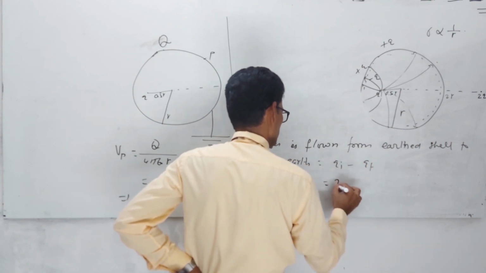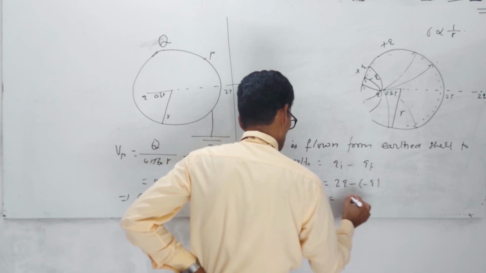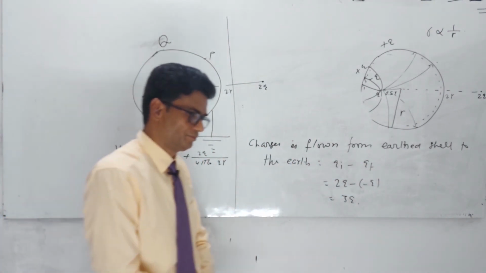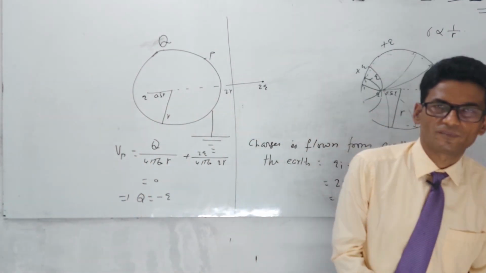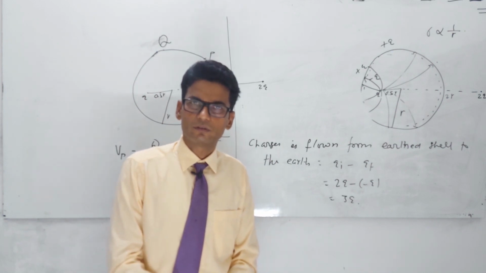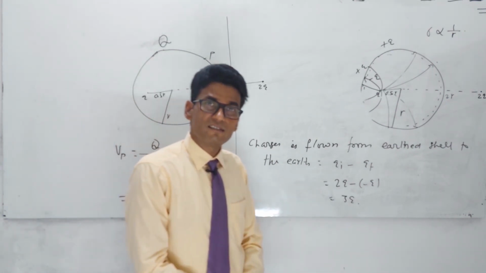Q initial is 2Q minus of minus Q, this is equal to 3Q. So 3Q charge is flown from the shell to the earth. That completes the second one.